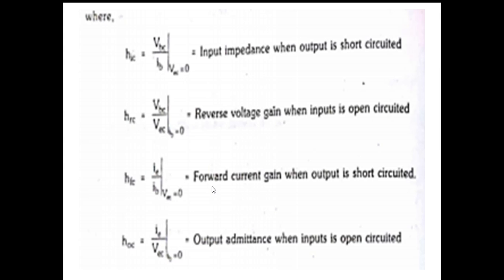Current by voltage is nothing but the reciprocal of the resistance, the output admittance when input is open circuited. Input open circuit means current is 0. When current is 0, the ratio of current by voltage is nothing but admittance or reciprocal of the resistance. These four are the hybrid parameters in the common collector configuration hybrid model.